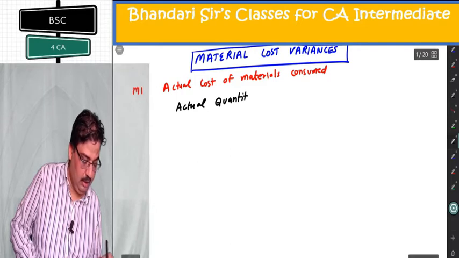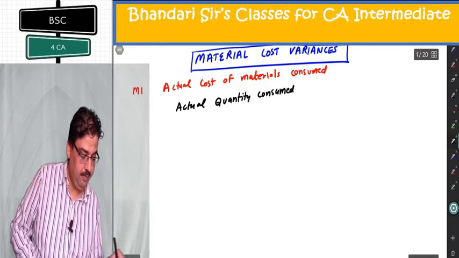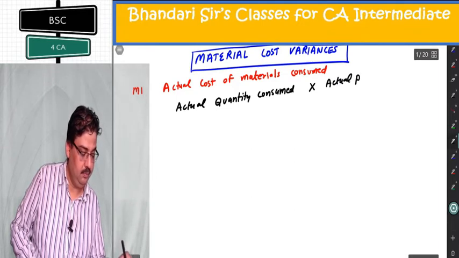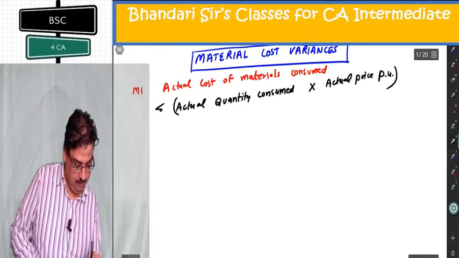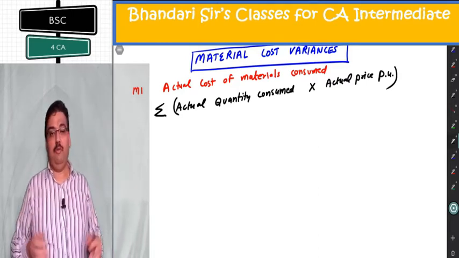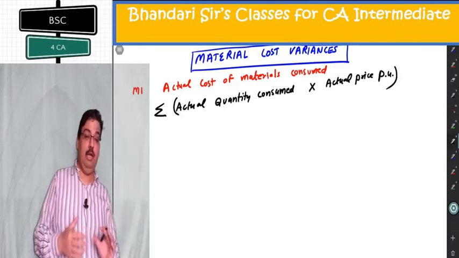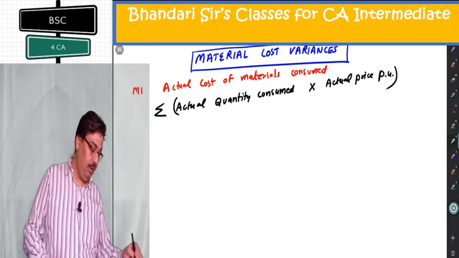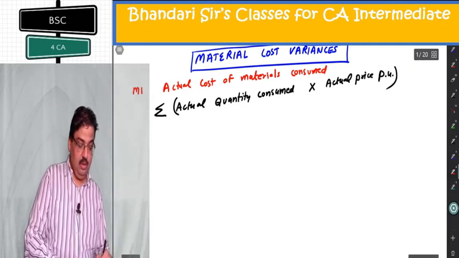Actual quantity consumed multiplied by actual price per unit. If there are multiple, I'll take a sigma. 3-4 materials are there. For every item, compute separately, then add. You will get the M1. M2.